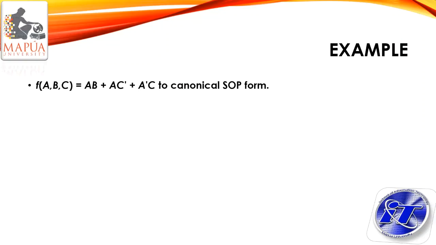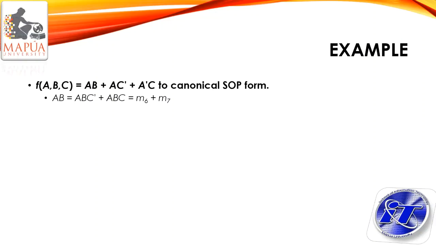It means we need to introduce the missing variables. For example, for AB, we're going to introduce the variable C to our equation. When we introduce C, it should not change the value of AB.